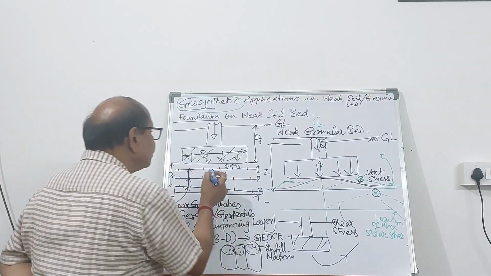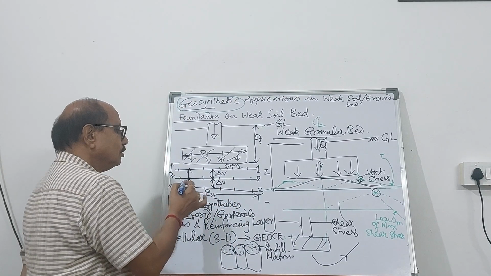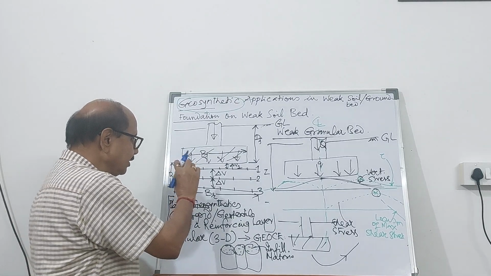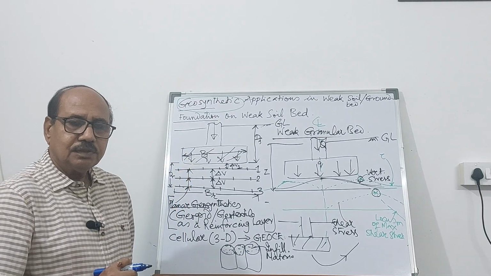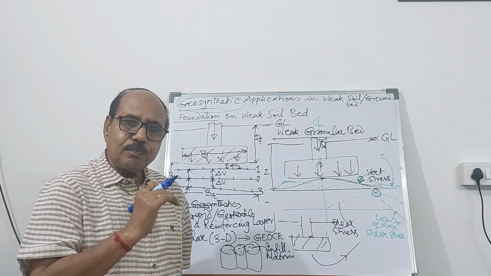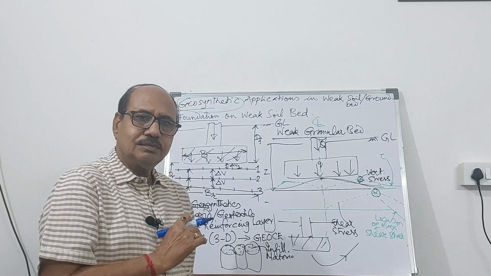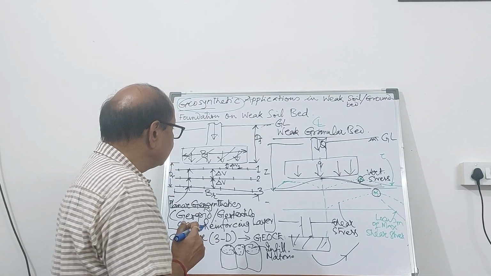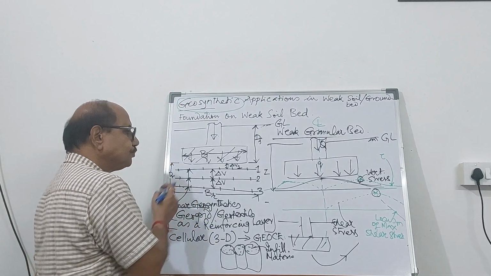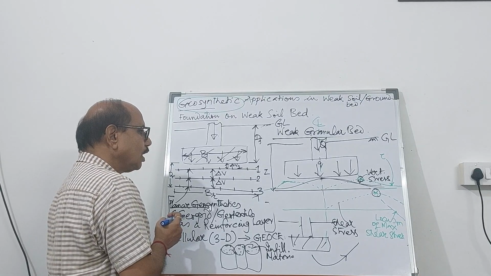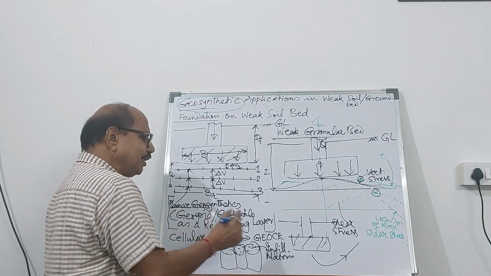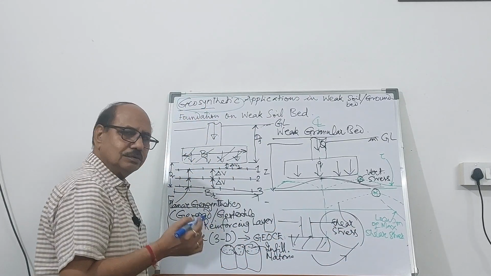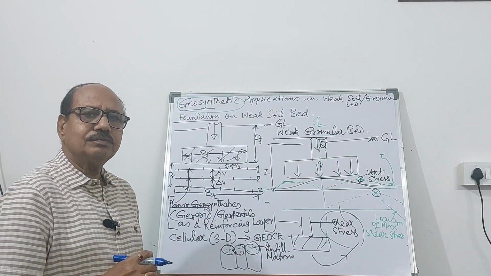But if you have geosynthetics, which has got high tensile strength and there is sufficient bonding between this planar geosynthetics and the adjoining soil, then this shear is going to have a tension failure.